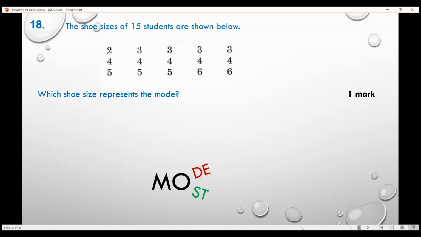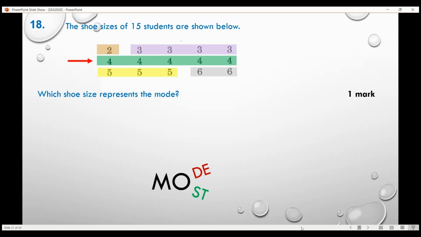So let's check it. Size 2, there's one student who has a size 2 in the class of 15. Size 3, there are 4 of them, so that's more. Size 4, there are 5 students. Size 5, there are 3 students. And size 6, there are 2 students. So which one appears the most?